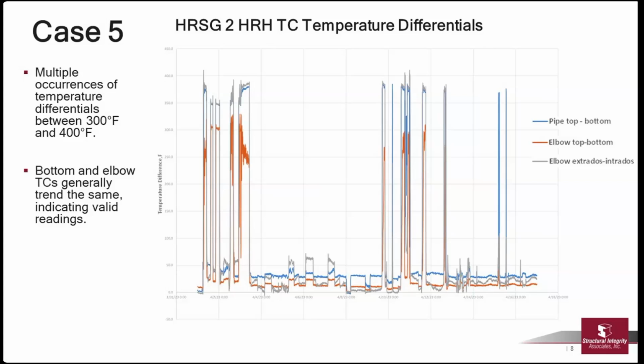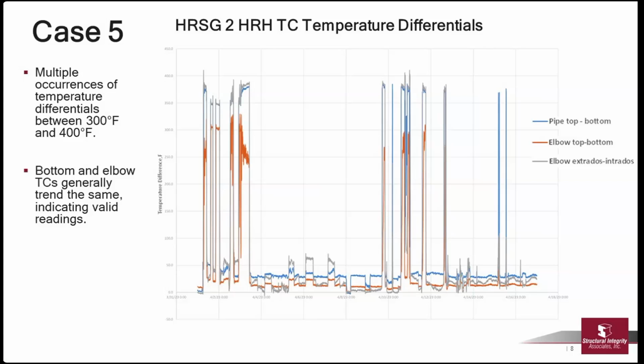So we started delving into their operating data. Now these units had an inspection in 2020 and didn't see anything, and the thermocouples didn't go in until 2023 this year. So we didn't have thermocouple data to look back at.